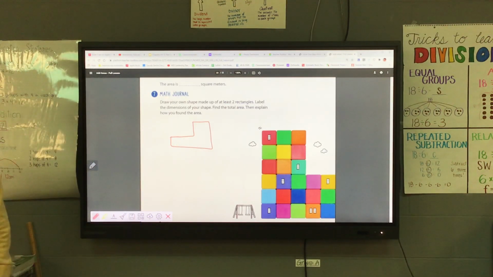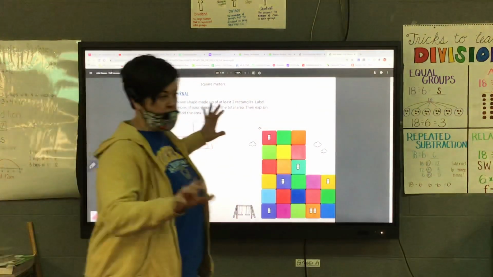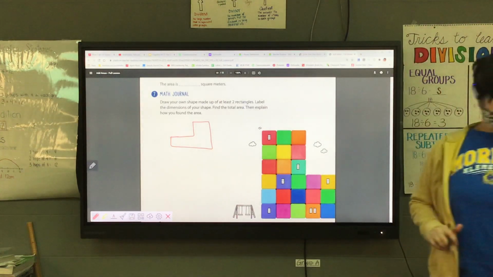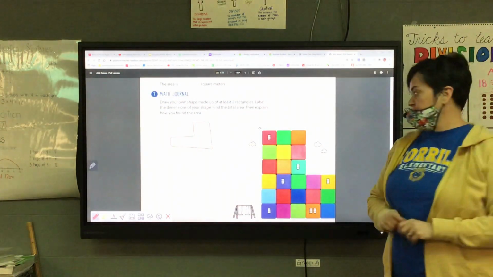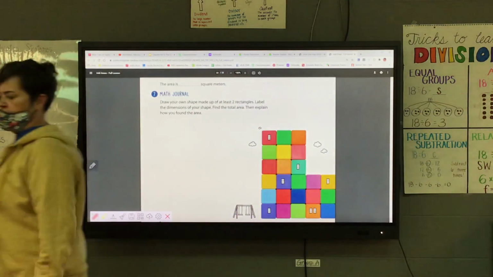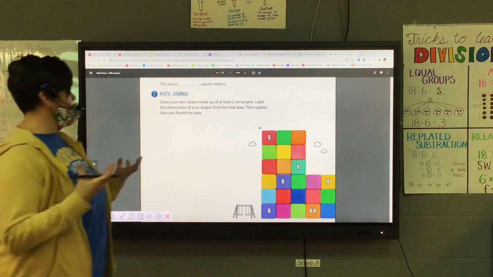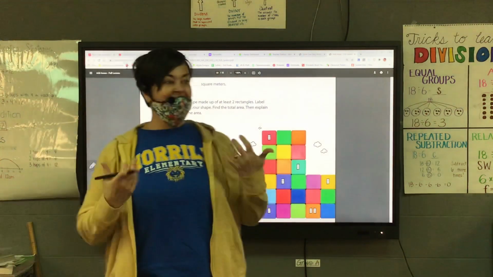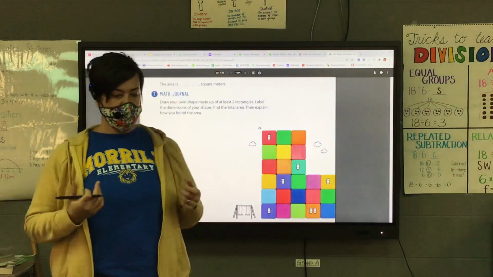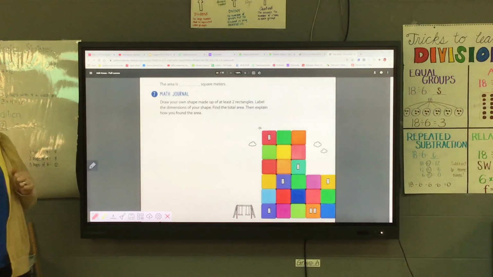All right. You draw a shape. It doesn't have to be like mine. You can draw your own shape. It would probably be best if you did draw your own shape. It needs to be able to split it into at least 2 rectangles. Can it be more? It can be more if you choose to do more.